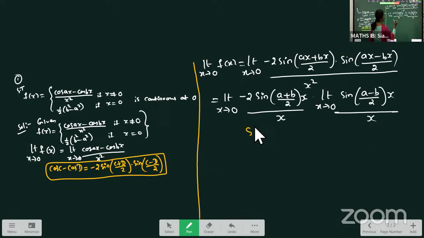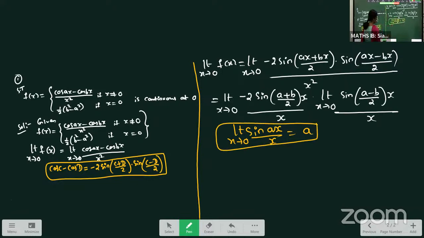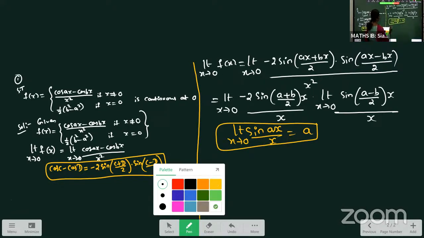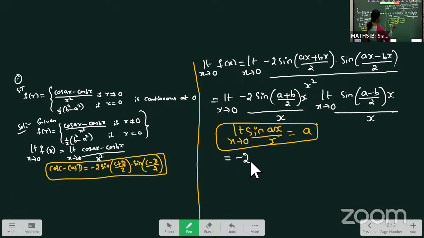It is in the form of limit x tends to 0 sin AX by x. Limit x tends to 0 sin AX by x is what? A. By applying this formula, this step we get is equal to minus 2 outside, limit x tends to 0 sin of (a plus b) by 2 into x by x, the value is just the x coefficient (a plus b) by 2, into limit x tends to 0 sin of (a minus b) by 2 into x by x, which is (a minus b) by 2.